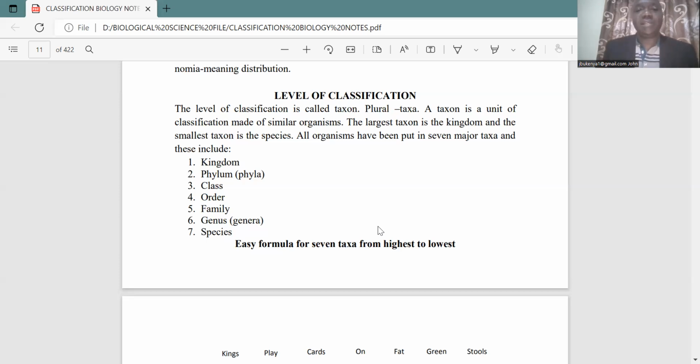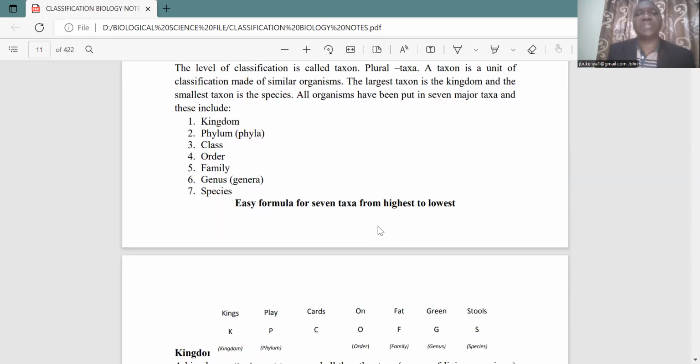So what you should note from that is that as we move down the taxonomic hierarchy, from the domain to the species, the number of similarities among organisms in that taxon increase so much that the bottommost, the smallest taxonomic grouping known as species contains very closely related organisms that are capable of interbreeding freely.